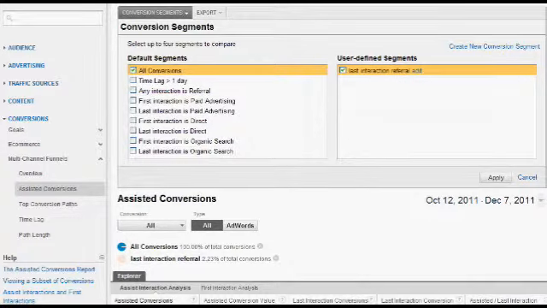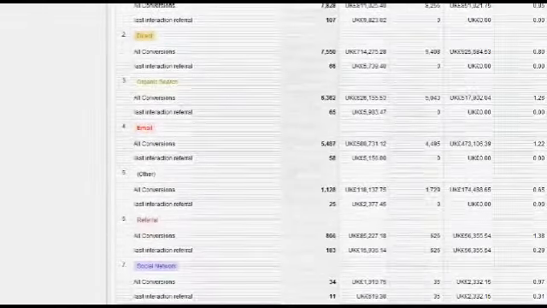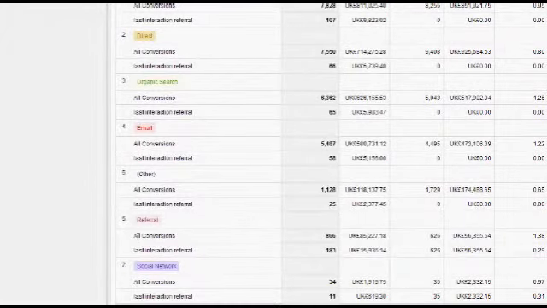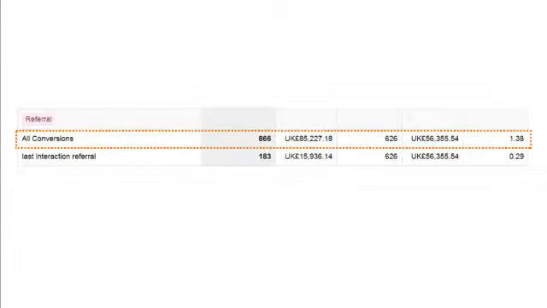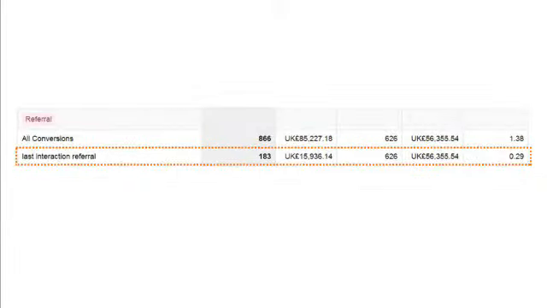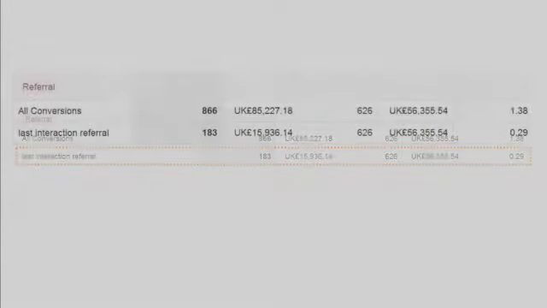If we scan down, we can now see our referrals broken down by which assisted any type of conversion and which assisted one which referrals were already taking the credit for the conversion. So 15,000, in fact almost 16,000 of this 85,000 was already being counted in this 56,000.